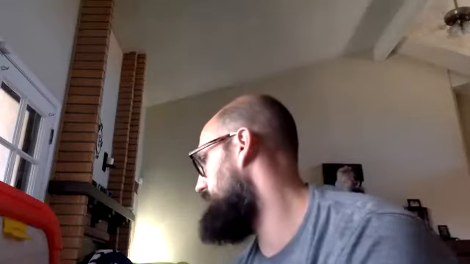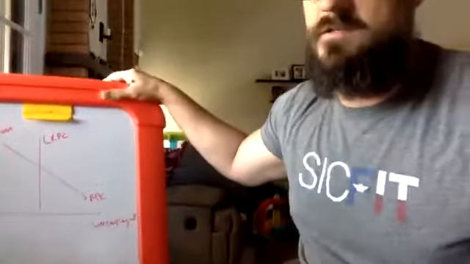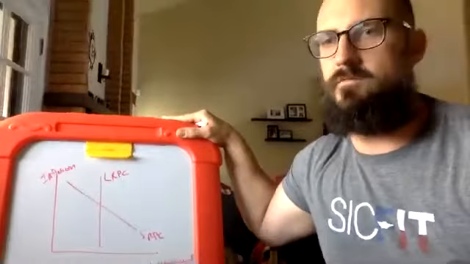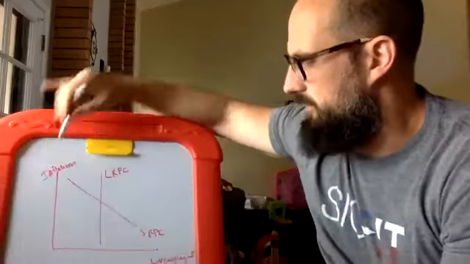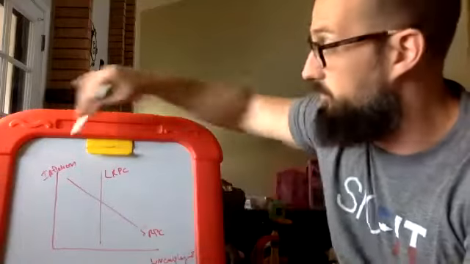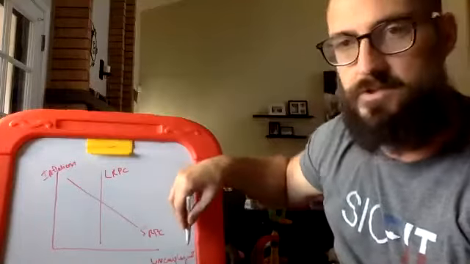And then short run. All right, so your graph should look like this. Vertical axis, you'll have inflation. Horizontal axis, you'll have unemployment.